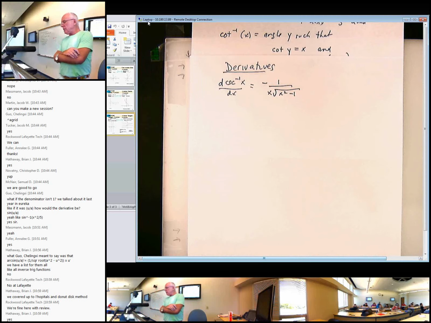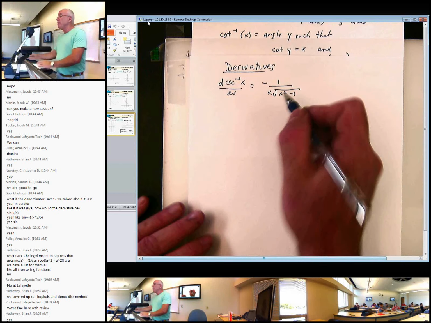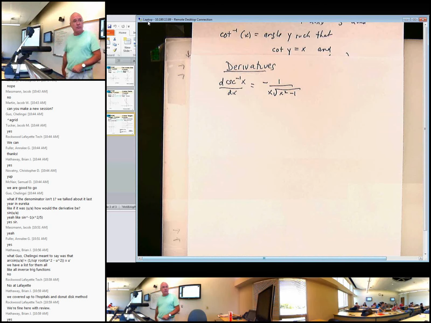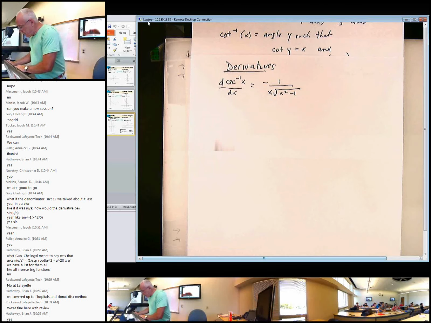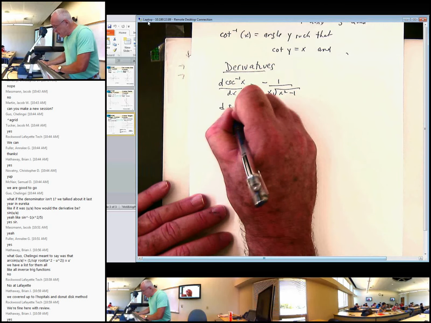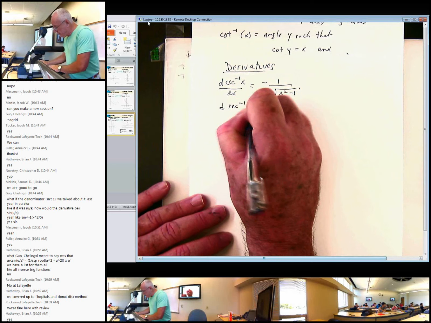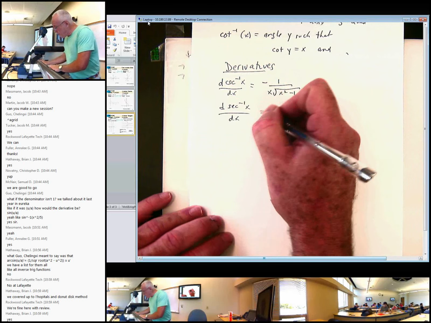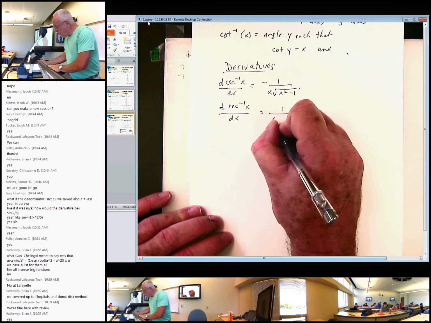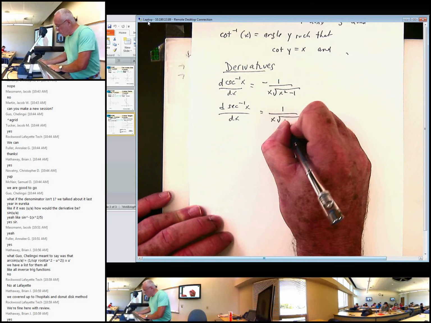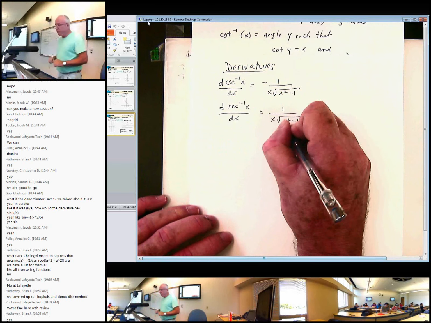Remember that the absolute value of a cosecant is bigger than or equal to 1, so therefore, we have to have x squared minus 1 under the square root. And then the derivative of the secant inverse of x is equal to positive 1 over x times the square root of x squared minus 1.